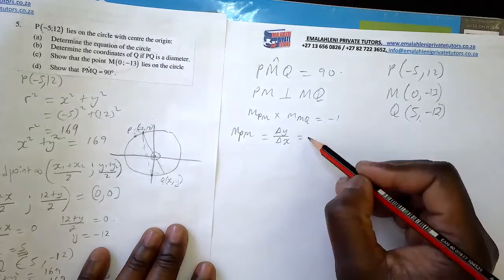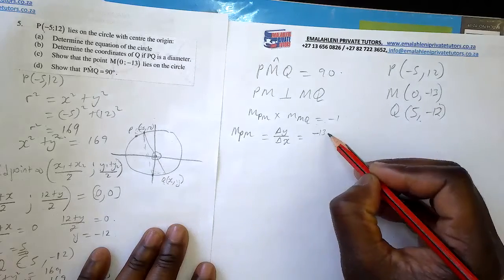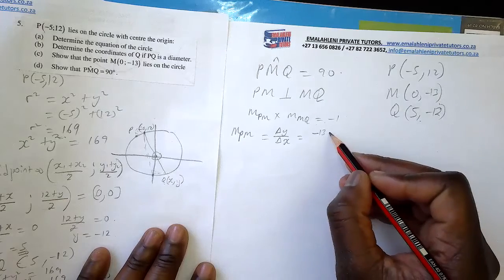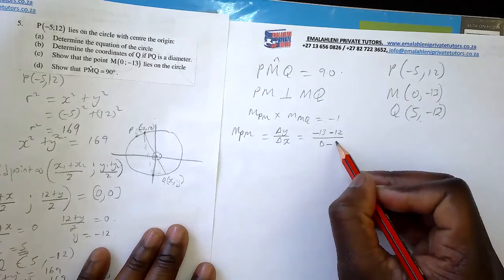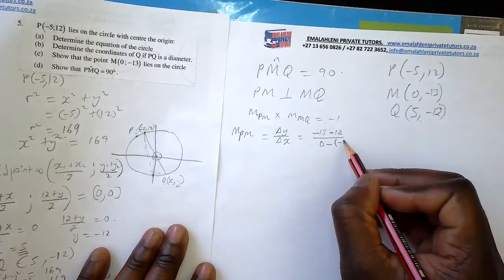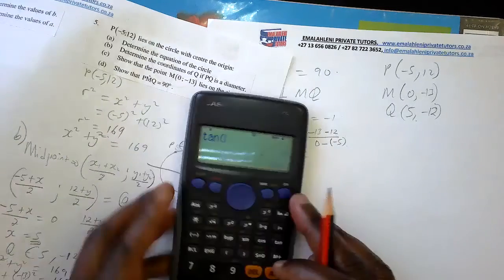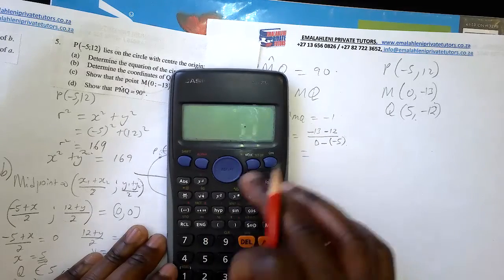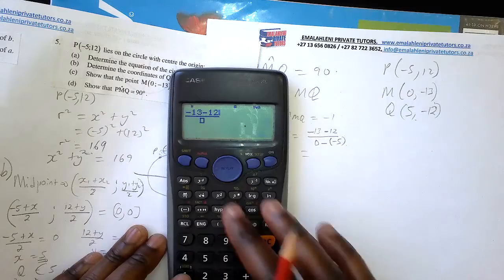Now, what do we do? Change in Y over change in X. What is our change in Y for PM? We're going to say -13 minus 12 over 0 minus -5, which is -25 over 5.